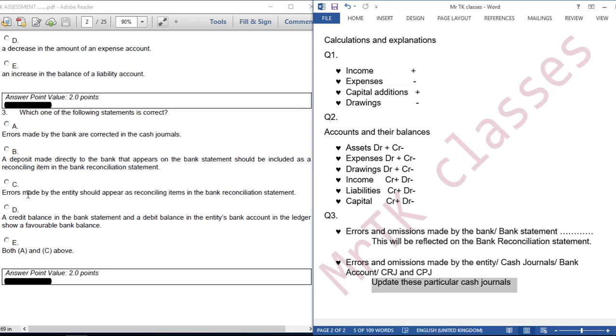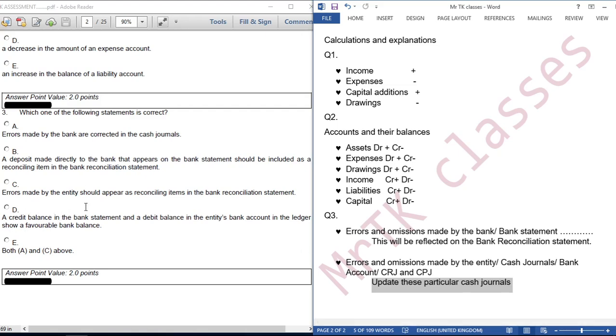All right. C, errors made by the entity should appear as reconciling items. This error is made by the entity, so it cannot appear as a reconciling item on the bank reconciliation statement, because it has to come to the updated cash journal.